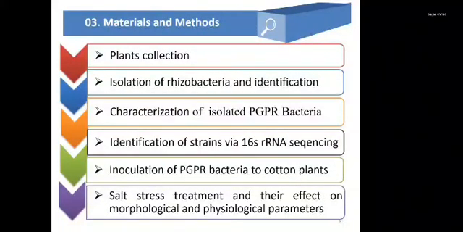The third step was characterization of the isolated plant growth promoting bacteria, and identification of the strain. To identify the isolated strain of bacteria, we used 16S ribosomal RNA sequencing, then inoculation of plant growth promoting rhizosphere bacteria to cotton plants, and then salt stress treatment and their effect on morphological and physiological parameters.